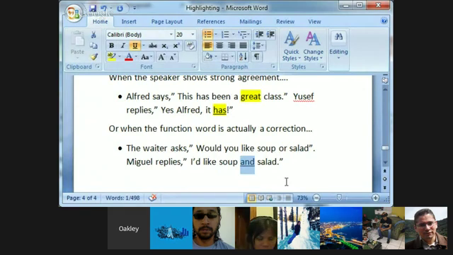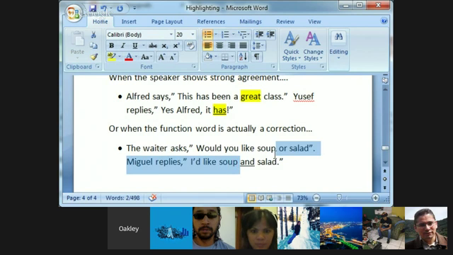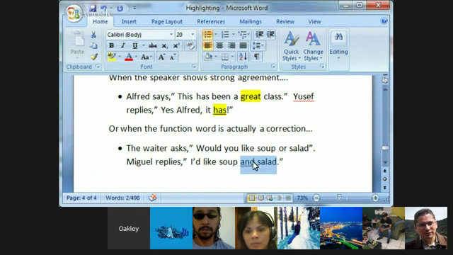That was very good. I'd like soup and salad. So you went low, high, low instead of high, high, reduced, low. Very good. That was perfect, as it should be, in fact. Exactly as you should do it. So you altered your normal pattern to accommodate the more important intonation. Great. That was very good.